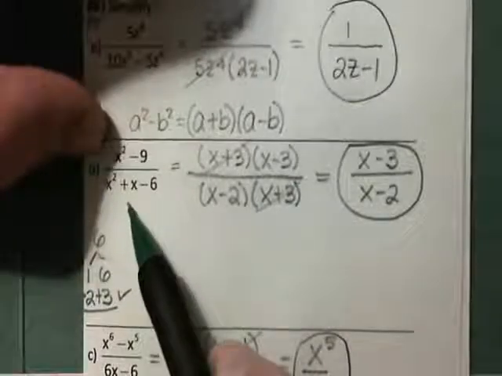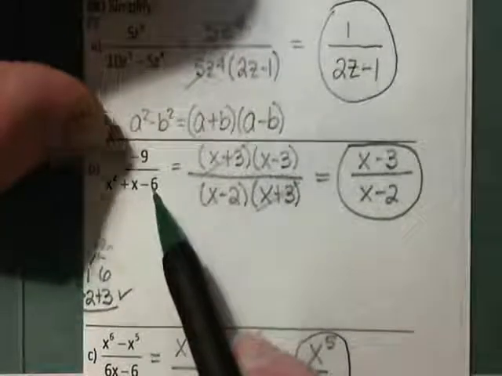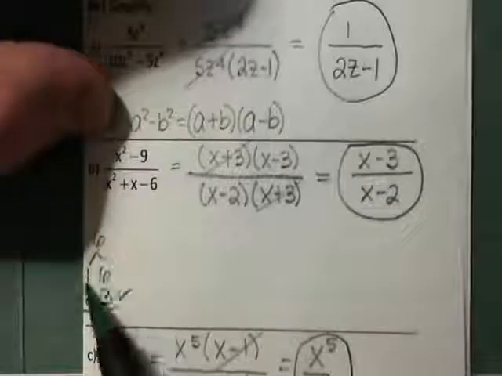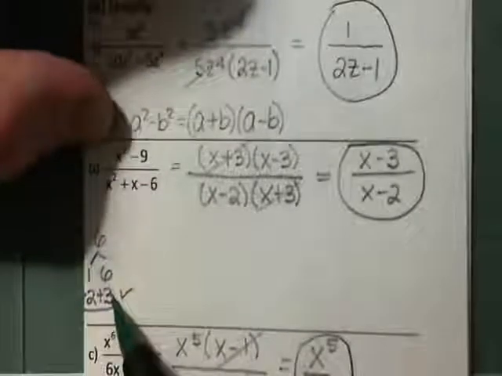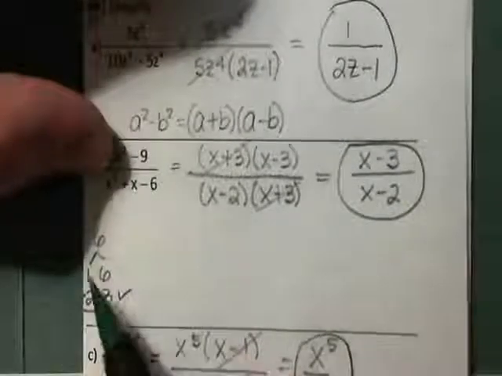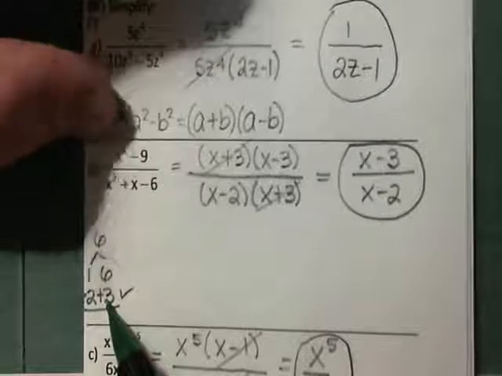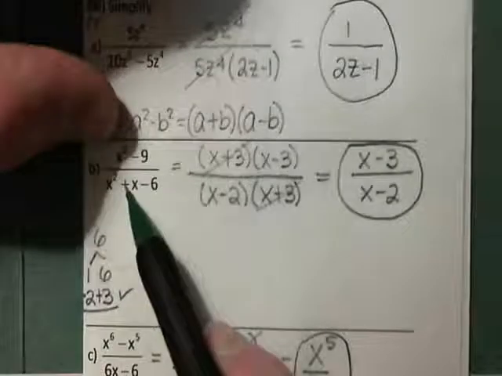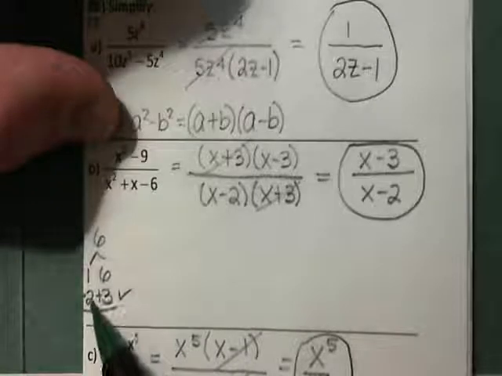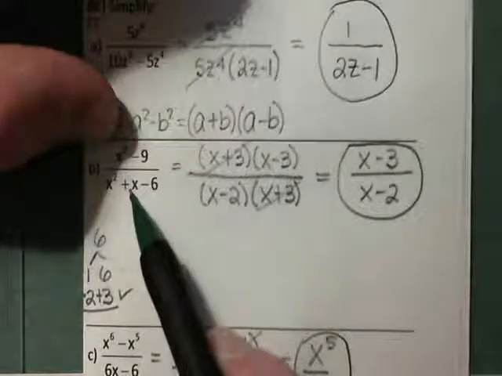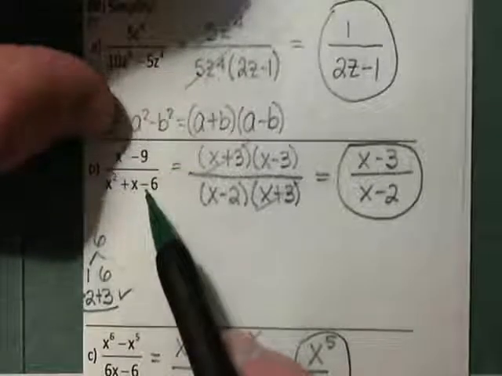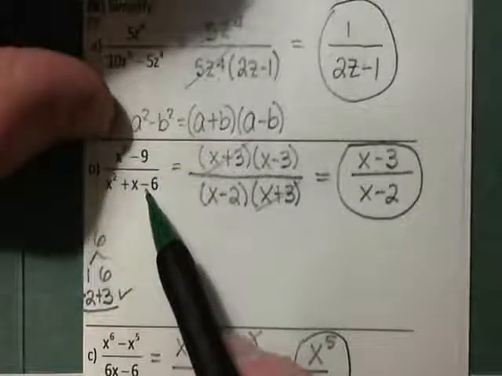And on the bottom, I have a 6 at the end, so I make a little list of numbers that give me 6. 1 and 6 give me 6, 2 and 3. Then I check the sign. Well, I check for something that gives me a 1, and the only one that gives me a 1 is the 3 and 2. And because this is a positive, 3 has to be a positive. So positive 3 minus 2 gives me a positive 1. And a positive times a negative gives me a negative. So I know that I'm on the right track.